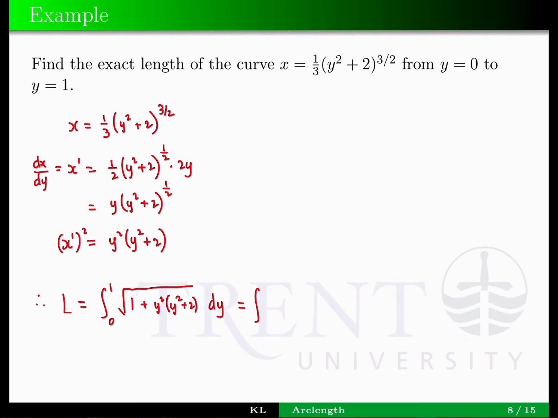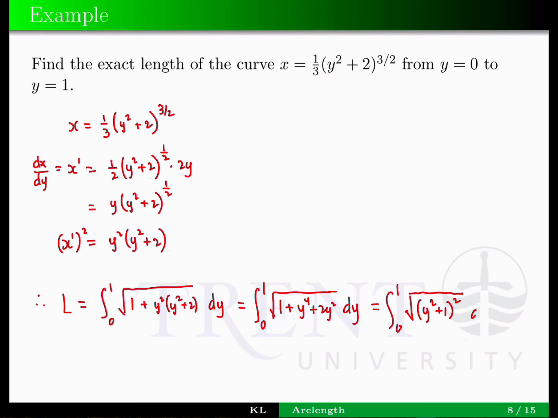Now, we can rewrite this as the integral from 0 to 1 of the square root of 1 plus y to the 4th plus 2y squared dy. And if you can recognize, this is actually a perfect square trinomial, which can be written as (y squared plus 1) quantity squared.